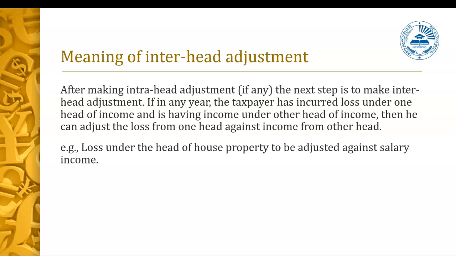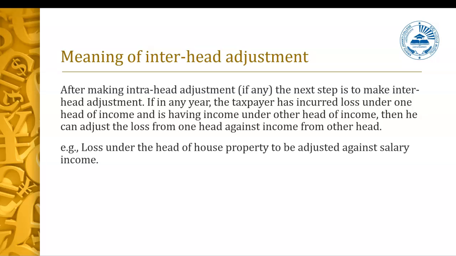That is, loss from the head of house property can be adjusted with salary income. If an assessee has a house property in which he makes some gain, and he has made some loss in another house property, then that adjustment is called intra-head.